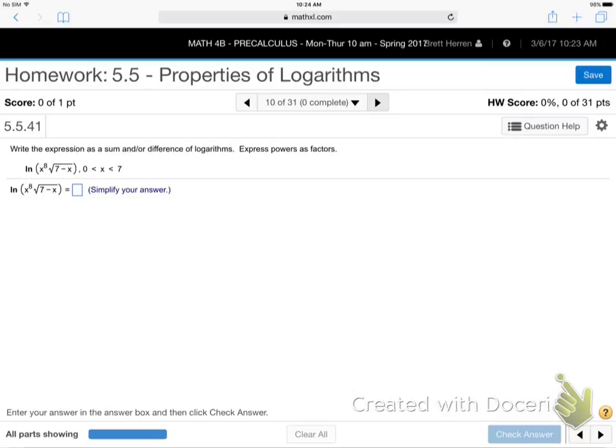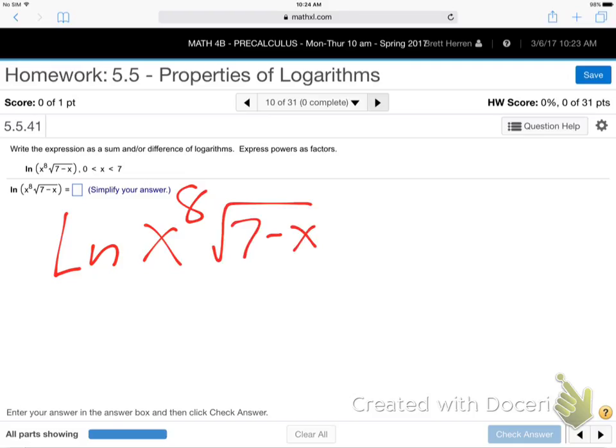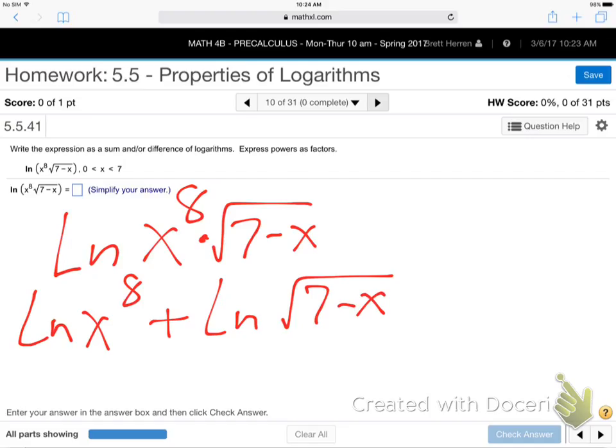All right, so natural log, and we have x to the 8th and root of 7 minus x. Those are times, really, in there, as you know, huh? Those are multiplied. So basically, first thing is we can make it 2 logs added. So far, so good.